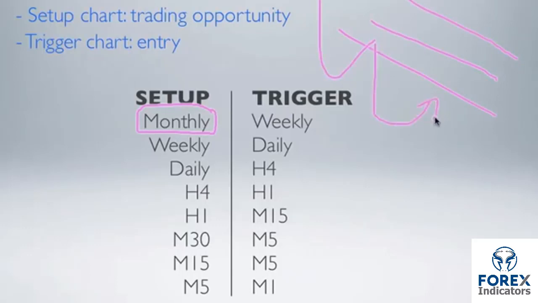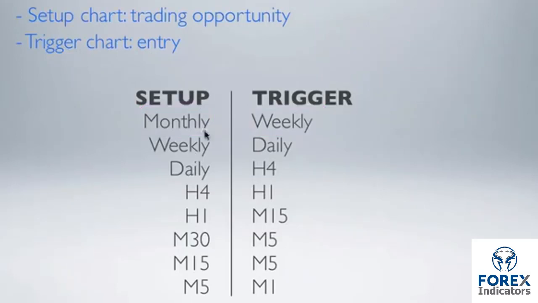Well, when price retraces back to the dynamic area of support and resistance, you want to be zooming into the weekly time frame in order to nail down the bounce point, in order to read the bounce as accurately as possible. So instead of entering there, you hopefully will manage to enter the trade just a little bit earlier. That's the only use we are going to have of the trigger chart.